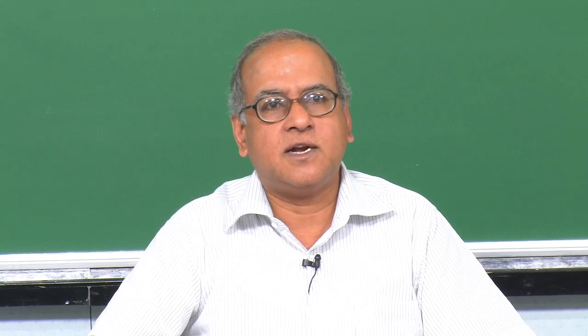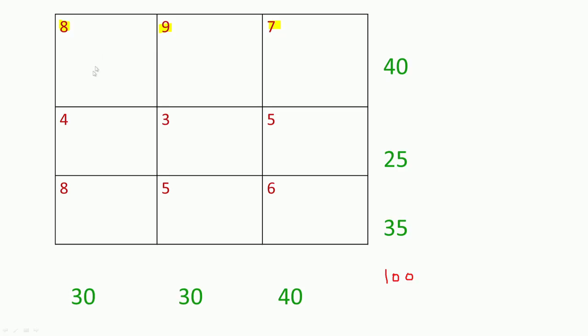So, we start with the top left hand position and see how much we give to this x11 variable. When we look at this position, it represents how much I am transporting from the first supply point to the first demand point.